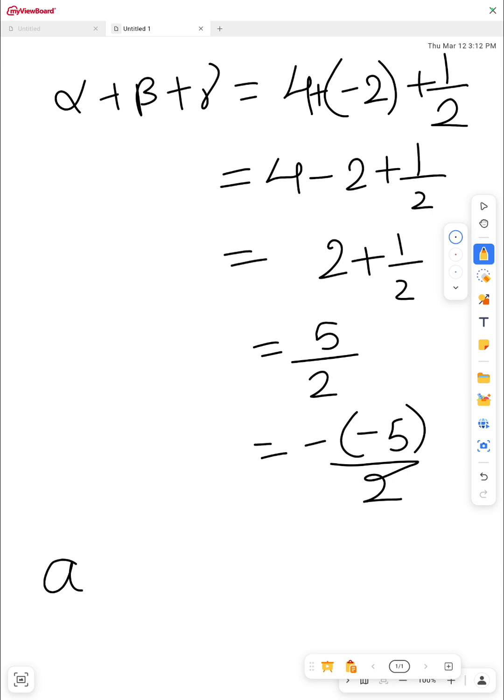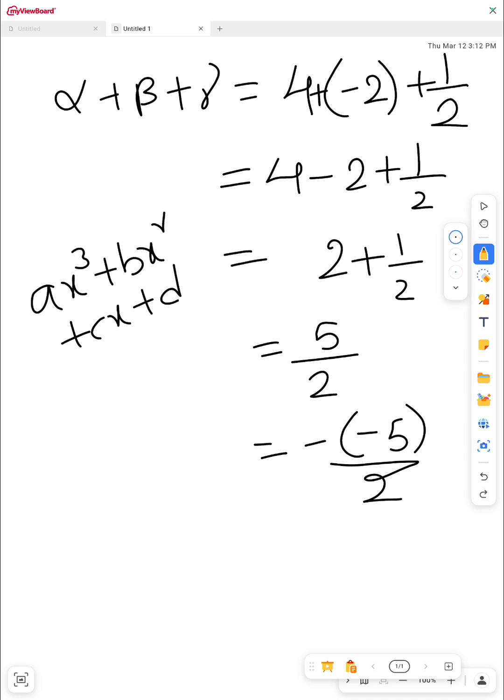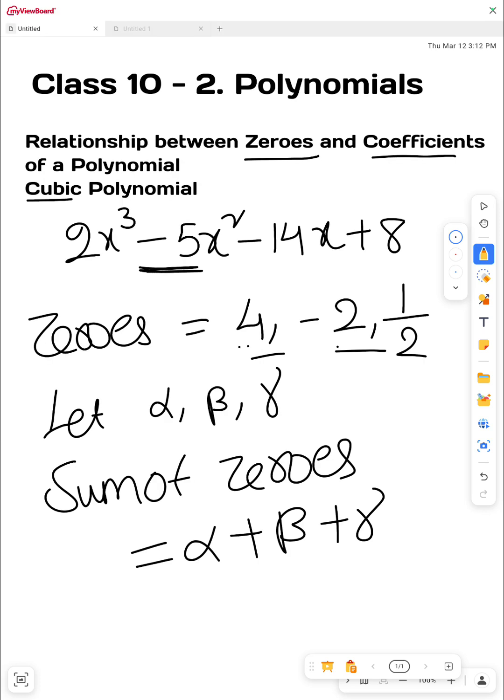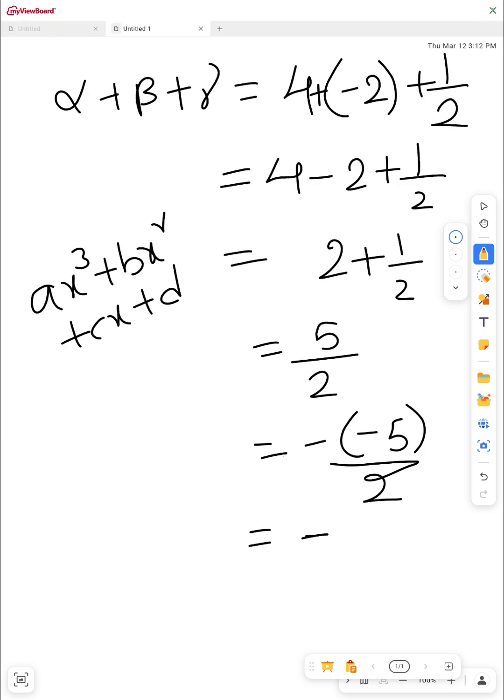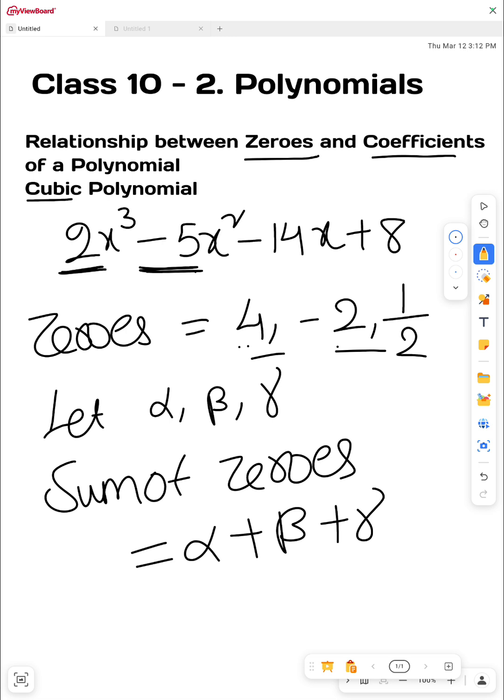what is the normal form of a cubic polynomial? ax cube plus bx square plus cx plus d, right? Now here we will see minus of, what is the b value here? Minus 5, right? Which is the coefficient of x square. So here it will be minus b divided by, what is the a value? 2.